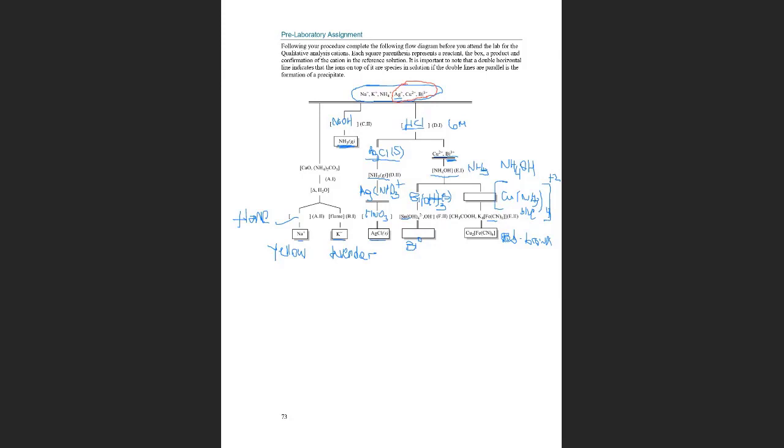And we said that it's a fleeting flame, and we have to look at it through the cobalt, otherwise we will see the yellow that masks the color. Any questions so far?